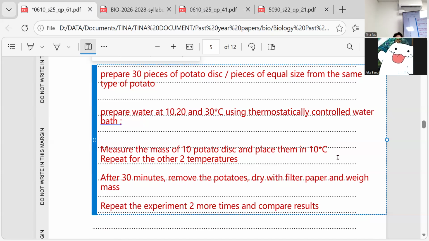Do you have all your points here? Some are merged together into one sentence, but you have all your points here.